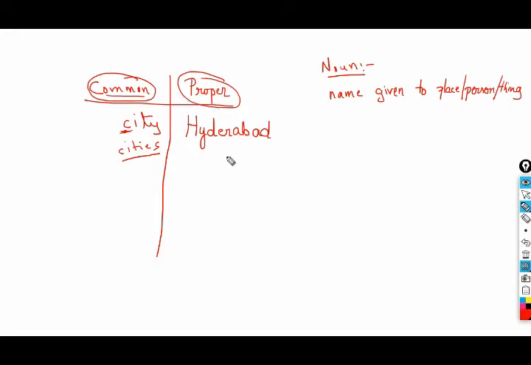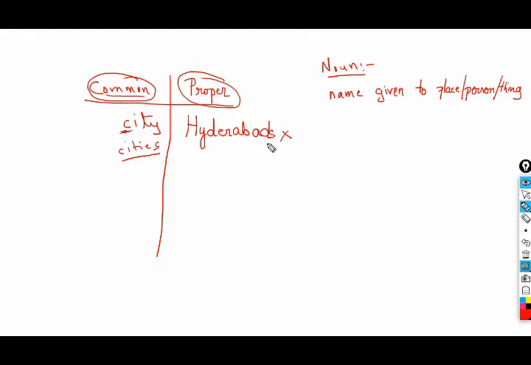However, when it comes to proper noun, this is not the case. There are two places called Hyderabad in this world. One is the Hyderabad that we have in India, and there is another Hyderabad in Pakistan. But still, you cannot just add an S to it and make it plural. You cannot say Hyderabads. This would be incorrect.